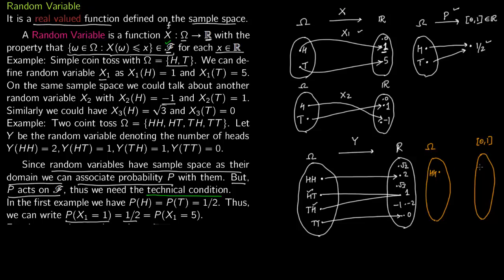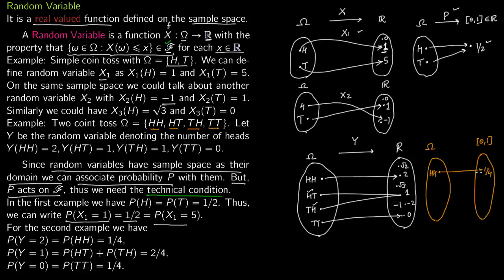The probability of head-head is 1 by 4, because the sample space consists of head-head, head-tail, tail-head, and tail-tail. So head-head probability is 1 by 4. It is one event. So the probability that the random variable y is equal to 2 is the same as the probability of head-head, which is 1 by 4.